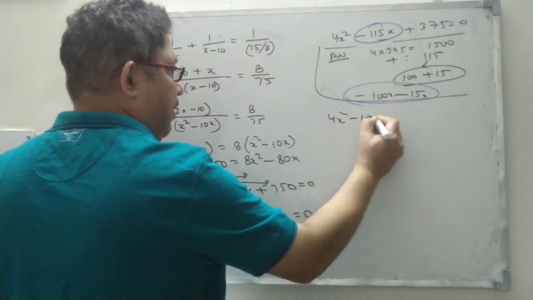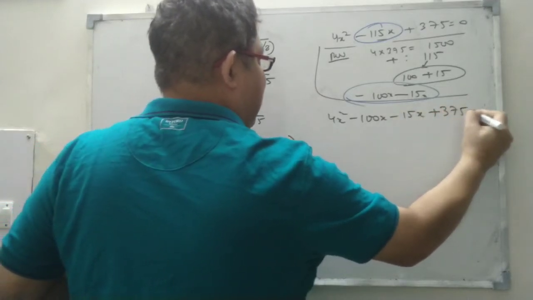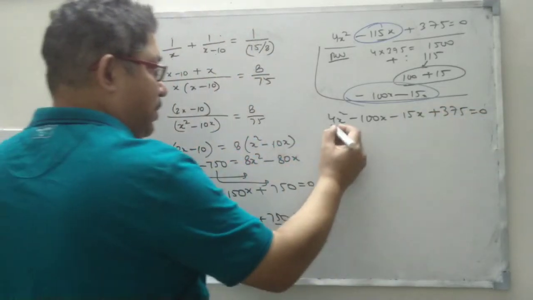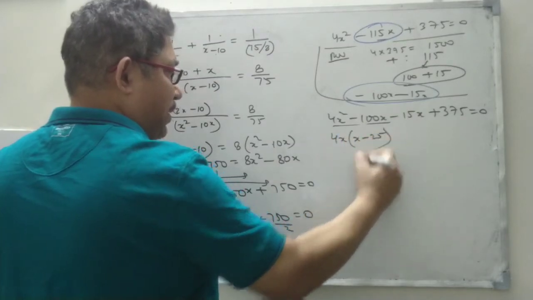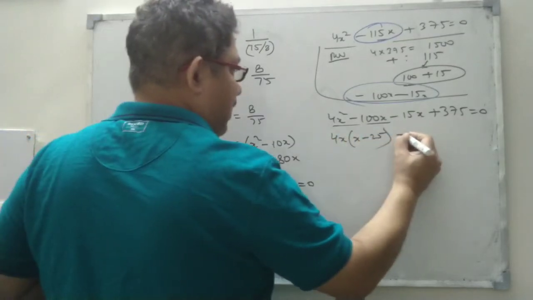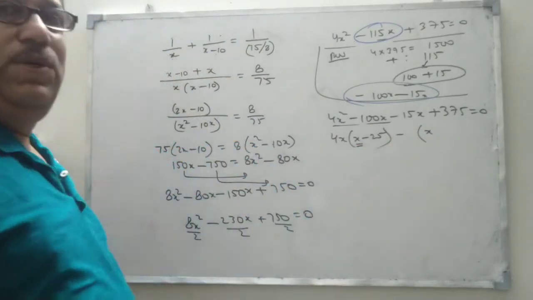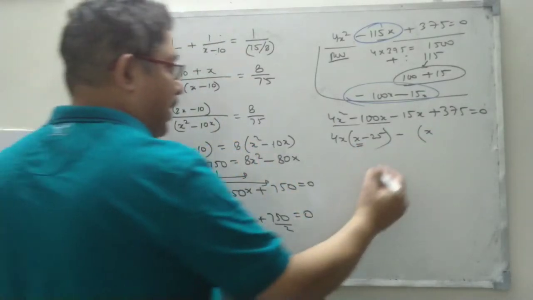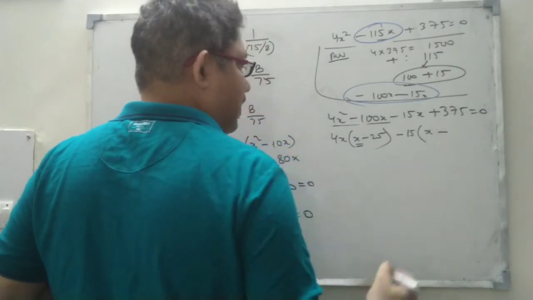4x square minus 100x minus 15x plus 375 equal to 0. 4x can be common, x minus 25. Minus, now you see you have x here, so you have to get x here because there is no escape from it. So obviously you will have to take 15 common. And this sign will also change because minus has been taken common.